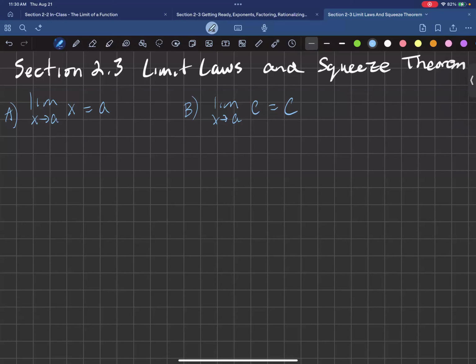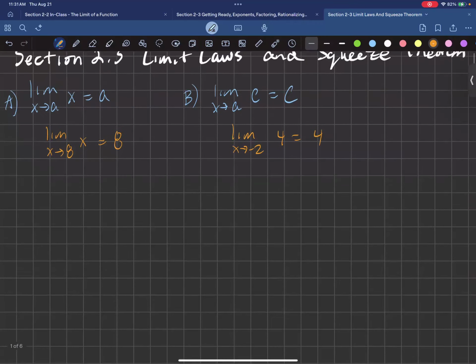Examples of this include the limit as x approaches 8 of x equals 8, and the limit as x approaches -2 of 4 equals 4. Those are the two base limit laws.